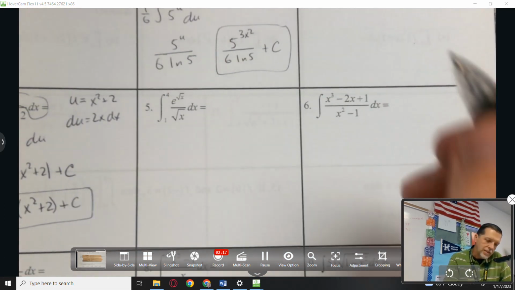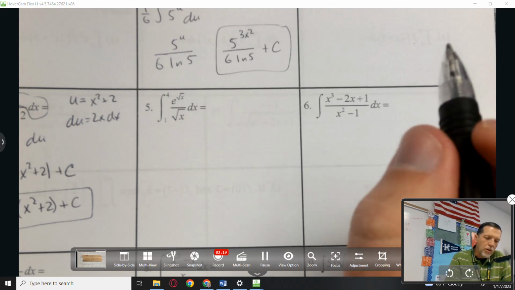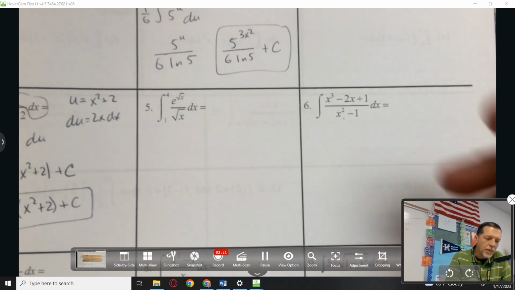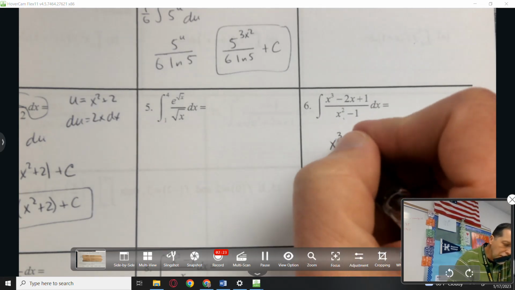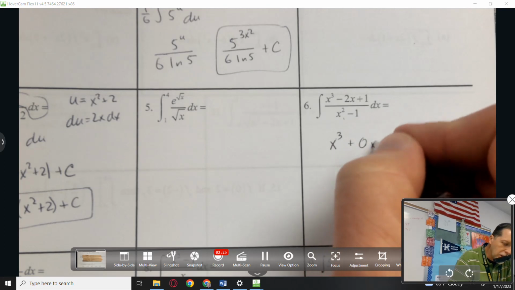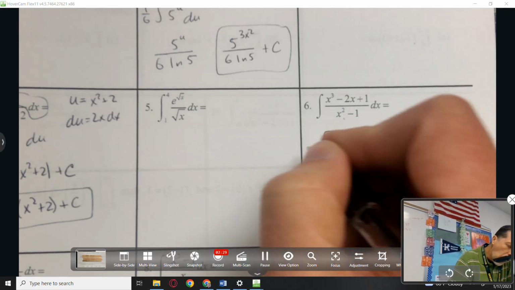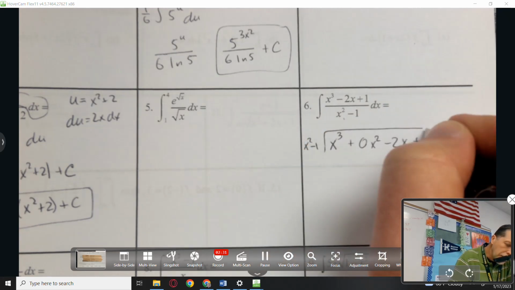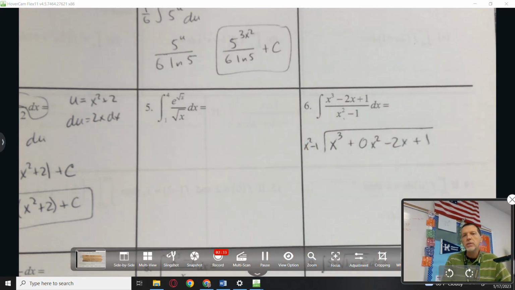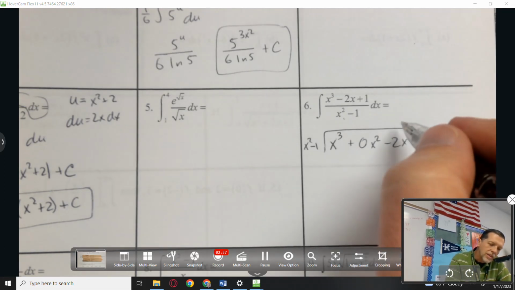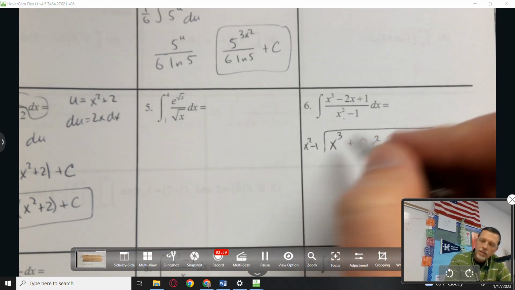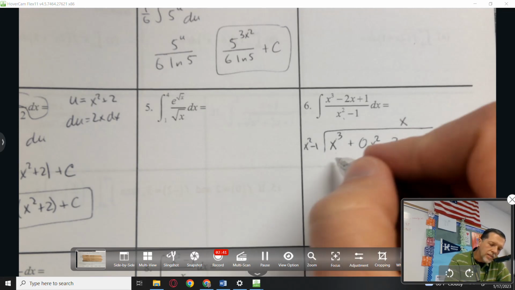Number 6. Okay, one of the primary rules is if the top's bigger than the bottom, then you've got to long divide. Maybe synthetic divide, but this one's going to be a long divide problem. If the top degree is greater than or equal to bottom degree, you've got to divide. So something times x squared gets me x cubed. That would be an x.